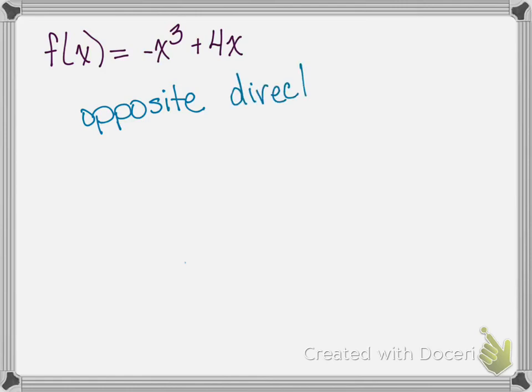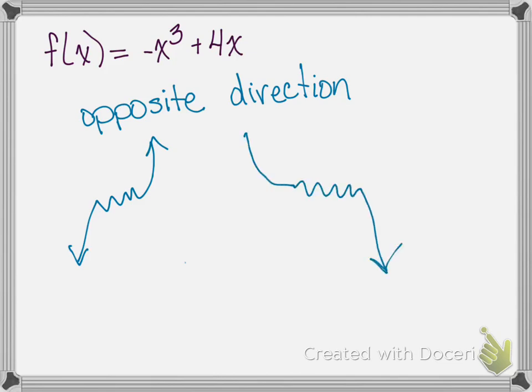Now, there's only two options. I can go this way or I can go this way. So based on the number in front of x to the third, am I going bottom left to top right, or top left to bottom right?